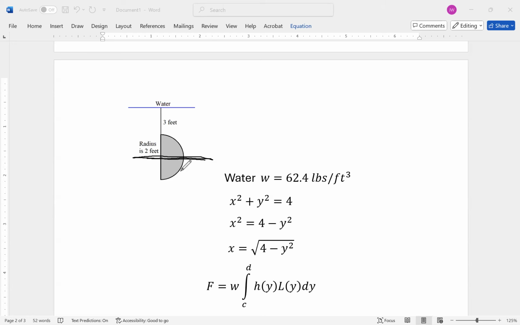Well, the area is 1/2 times the area of a circle of radius 2. So that's 1/2 times pi times radius squared. And sure enough, if I do that calculation, I get 624 times pi.